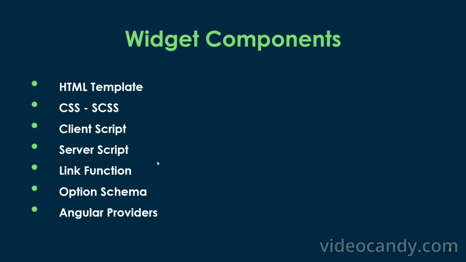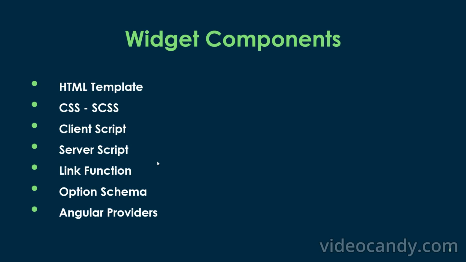SCSS is a subset of syntactically awesome style sheets, that is the SASS specification. It is an extension of CSS. SCSS uses a dollar symbol to make something a variable. These variables are used for storing information that you want to reuse throughout your style sheet. SCSS supports data types like numbers, strings, colors, booleans.